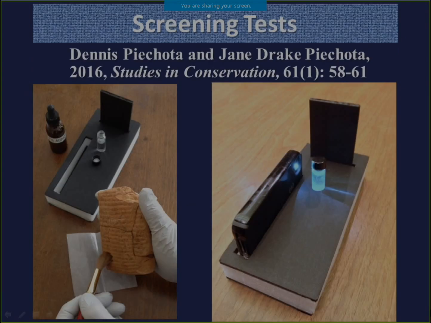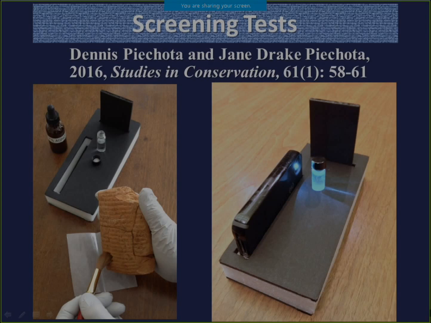A somewhat different goal for a screening test is described in a recent Studies in Conservation article written by 2 conservators. They developed a rapid, simple test for detecting chlorides that can be used during conservation surveys of collections that have a lot of porous materials such as stone, ceramics or unfired clay objects such as cuneiform tablets like we see here.